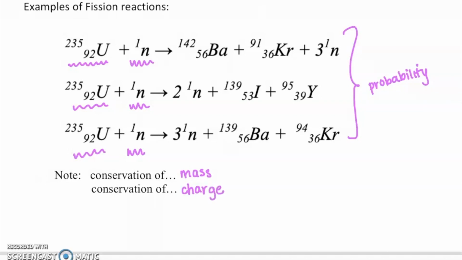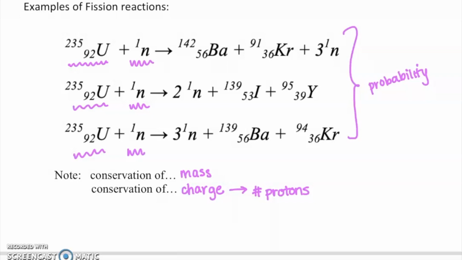Our conservation of charge really comes by looking at the bottom number, the atomic number, and tracking the number of protons. After all, protons have a +1 charge, and so all of our bottom numbers should add up to be the same on the left and the right of the reaction.